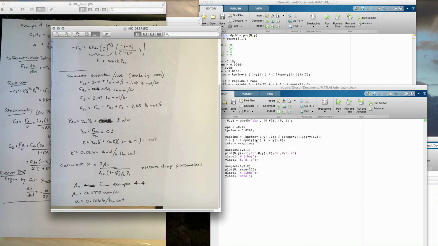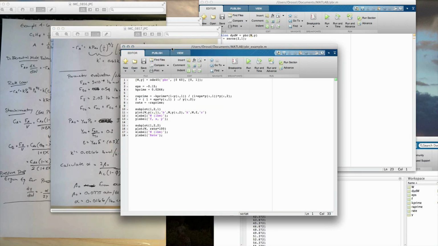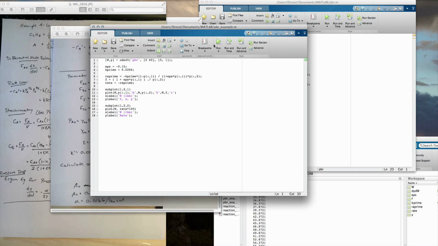And I have minus K prime, which was this, multiplied by 1 minus x. And so the way I reference x is I get back y, and I'm actually going to run this real quick so I can show you what you get back.